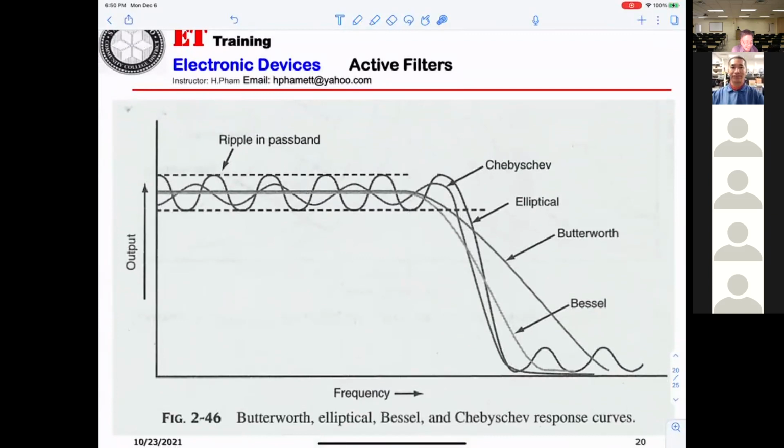And this one again, they just try to show you the output of the filter for different names. Like you get an elliptical, a Chebyshev, a Butterworth, a Bessel.